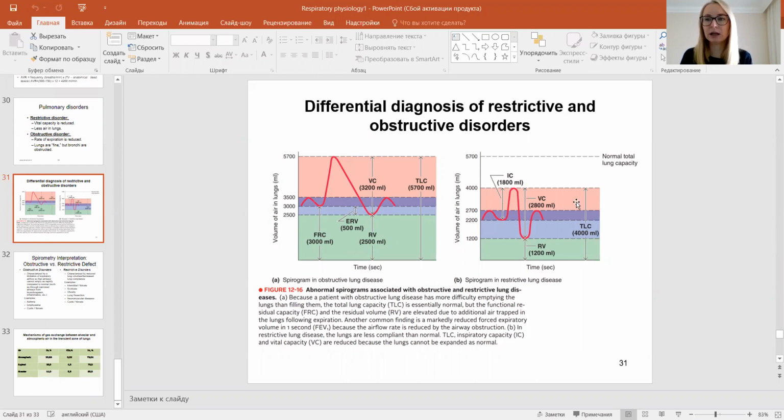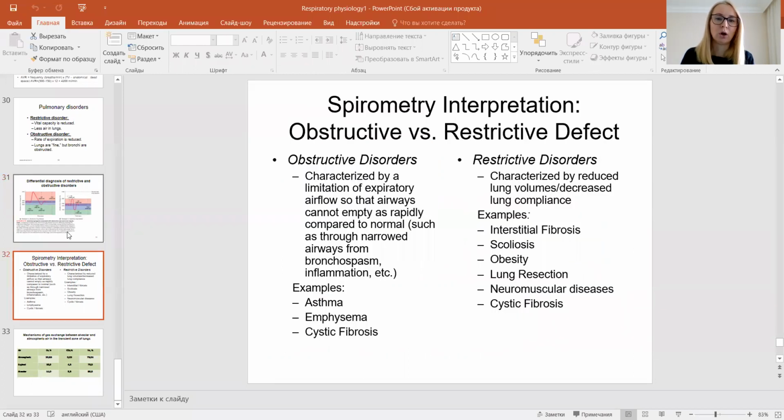And in case of restrictive lung disease, the lungs are less compliant than normal, so total lung capacity, inspiratory capacity and vital capacity are reduced because the lungs cannot be expanded as normal. So once again, obstructive disorders are characterized by limitation of expiratory airflow, so that airways cannot empty as rapidly compared to normal, such as through narrowed airways from bronchospasm or inflammation.